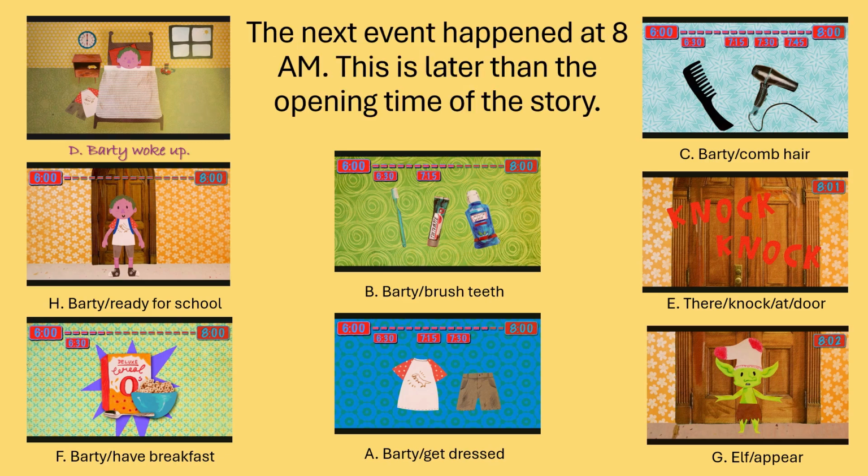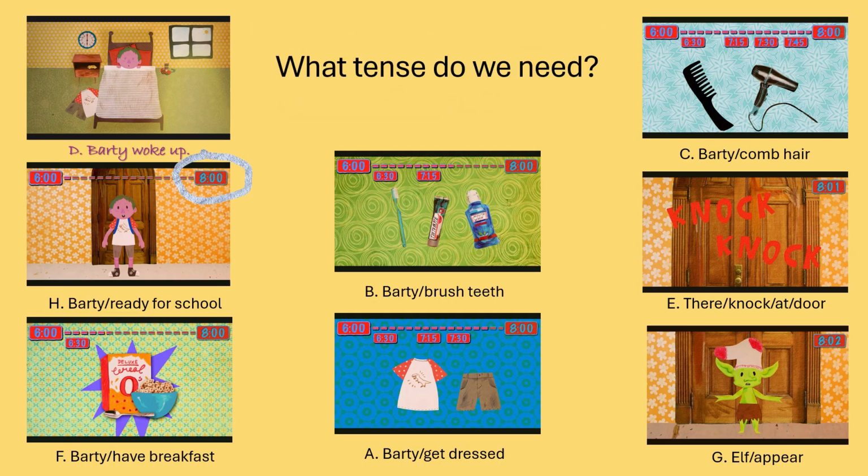The next event happened at 8 a.m. This is later than the opening time of the story. So, what tense do we need? That's right. We need the past simple. Barty was ready for school.